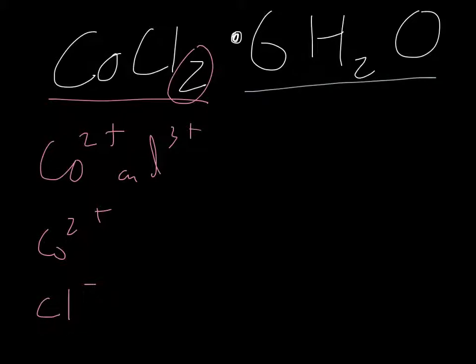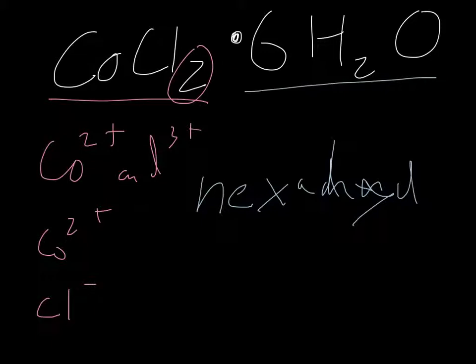So when we name this, this is the hexahydrate of cobalt chloride. Hexahydrate, oh, it's awful. So you can write that as cobalt chloride hexahydrate.